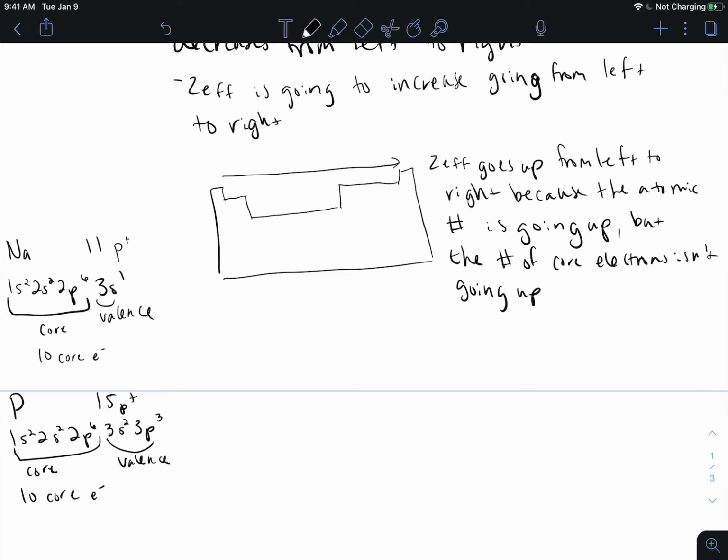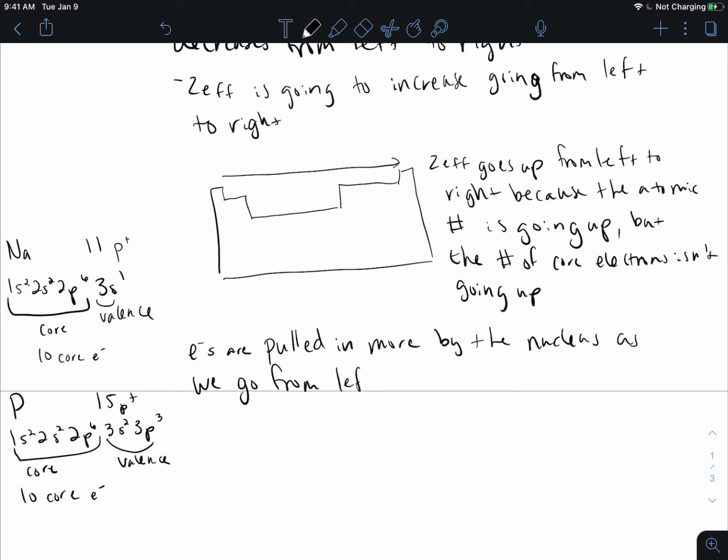Because our Z effective goes up, electrons are pulled in more by the nucleus as we go from left to right across the periodic table.